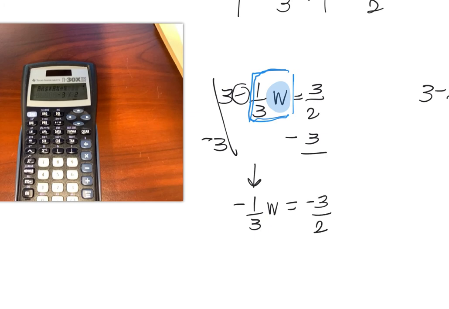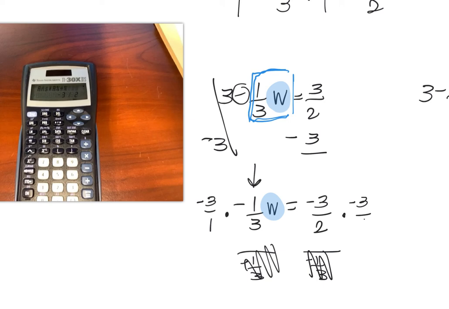So again, I'm looking for W. And that's negative 1/3 times W. You've got two options. You can either think of this as dividing both sides by negative 1/3, or you can think of, instead of dividing by a fraction, you can multiply by the reciprocal, which is negative 3/1.